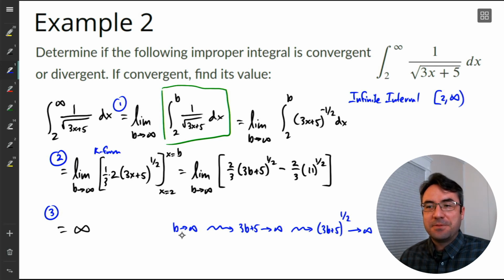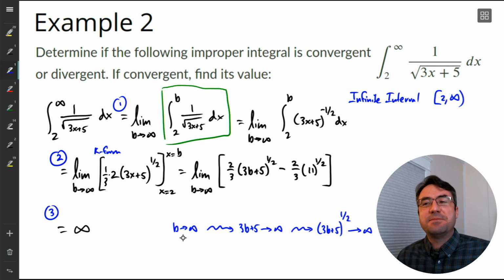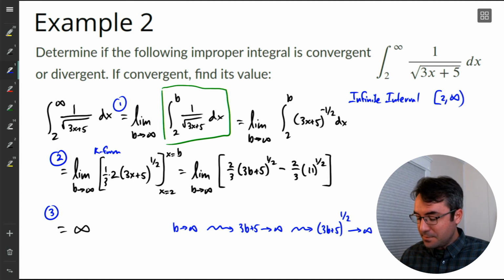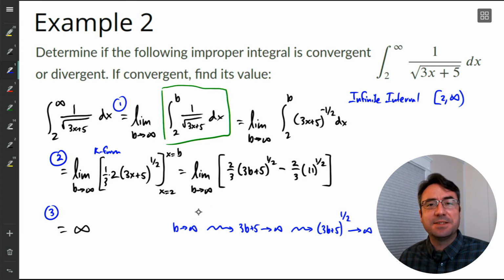So we've given some intuition about why these expressions are approaching infinity or approaching a constant as b approaches infinity. We're going to have to go back and actually talk about some of these limits in a little bit more detail, just because it's probably been since the beginning of Calc 1 since we've really worked with limits at infinity.